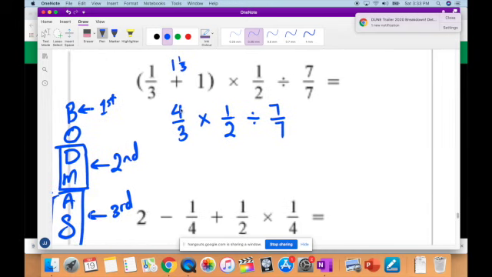So we can multiply 4 times 1. Actually, we could cross multiply this 1 here and this 4, 2, yeah. So now we have 2 on 3 multiplied by 1 divided by 1, which is 1. So that's 2 on 3 multiplied by 1, which is 2 on 3.